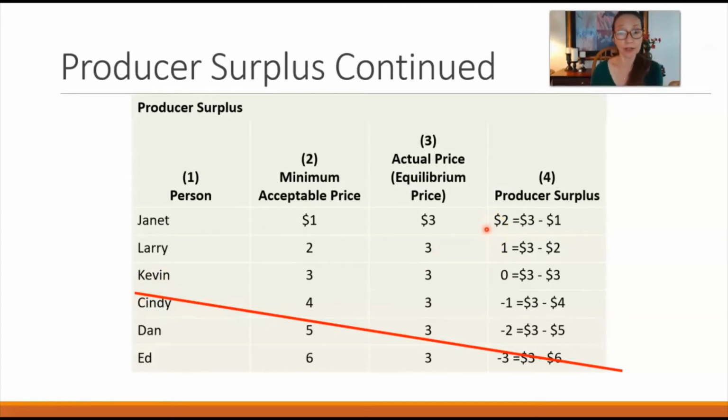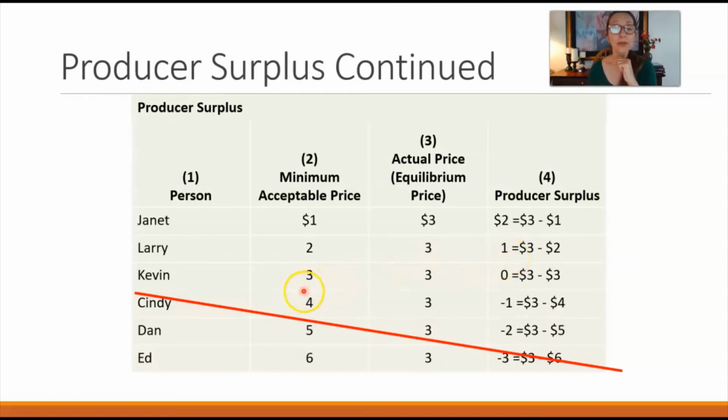She gets some extra value. We find that by taking the price minus the minimum acceptable price to her, which is her marginal cost. So 3 minus 1 gives us $2 worth of producer surplus. Larry is willing to produce ice cream at $2, and he can sell it for $3. So he's getting producer surplus of $1.